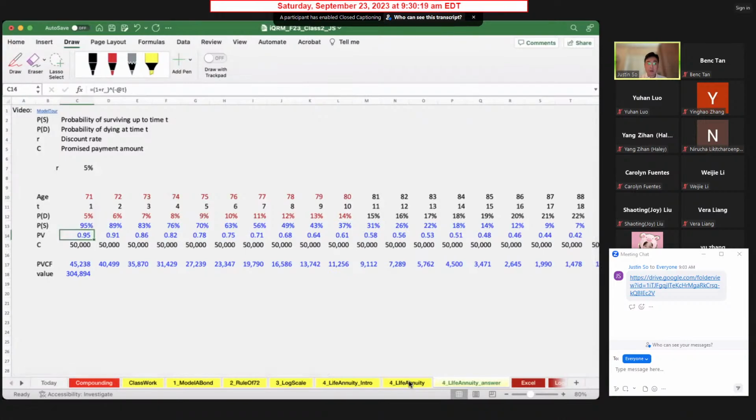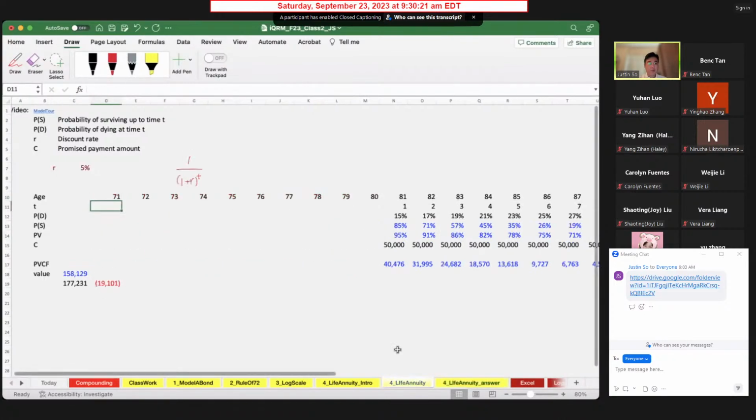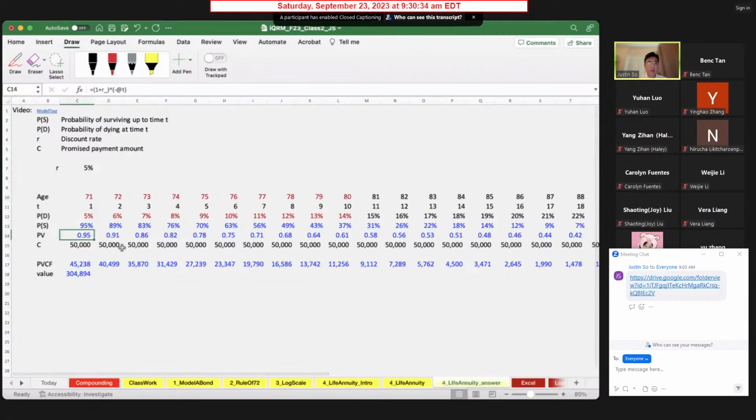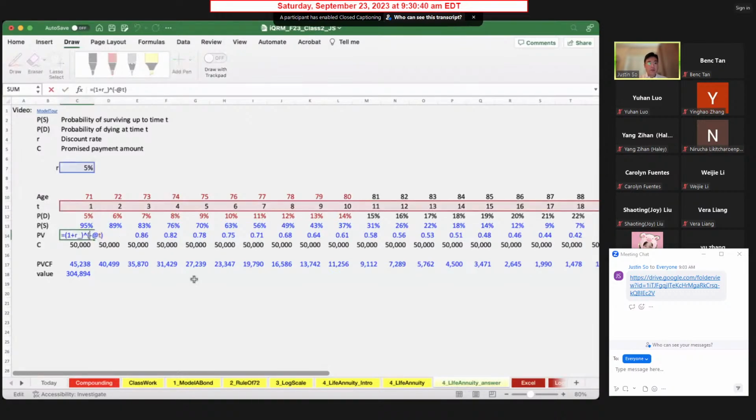It's bigger, right? Compared to, oh, hold on. Sorry, that's not bigger because the discount factor did not change for this one. Actually, present value will be different. 0.95 is a present value factor, right?